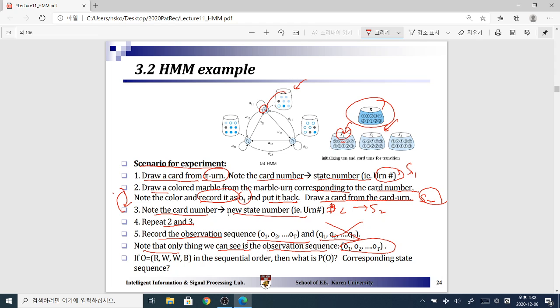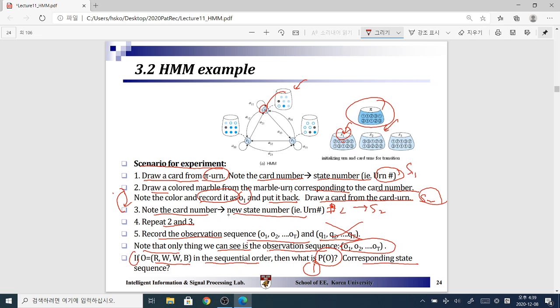So the question here is this: if the observation sequence happens to be red, white, white, black, red, white, white, black in this sequential order, then there are two questions. First, what is the probability of this sequence?